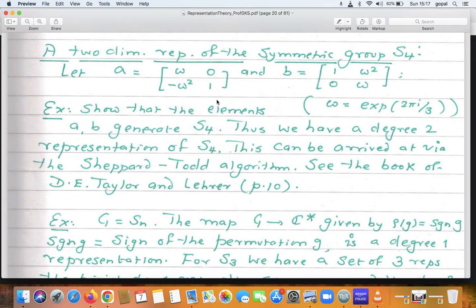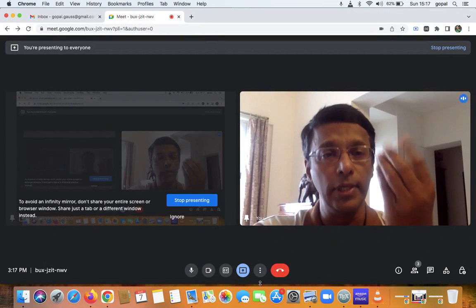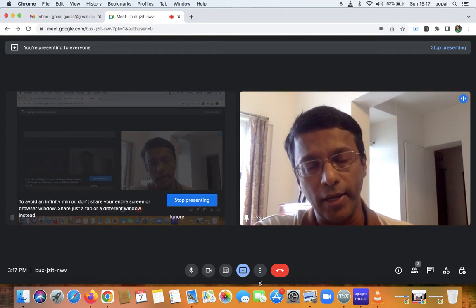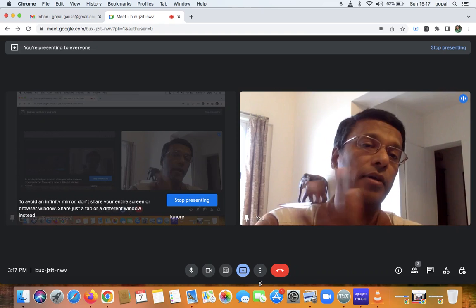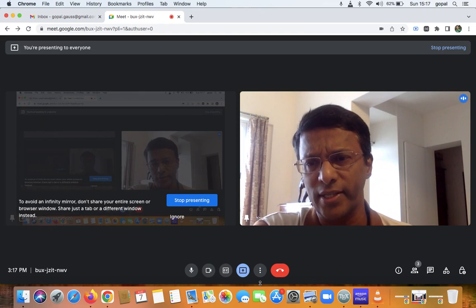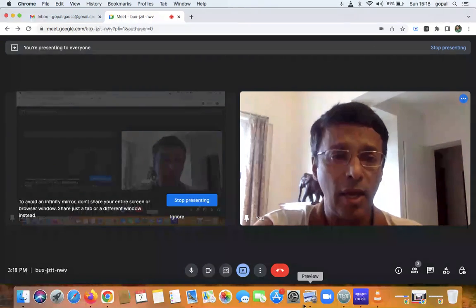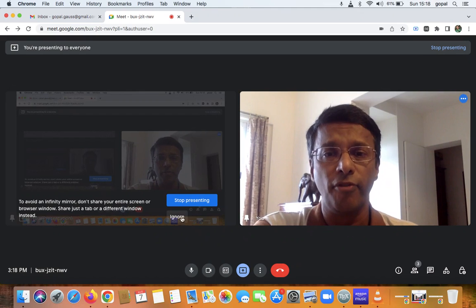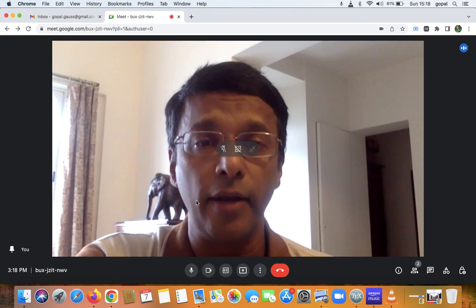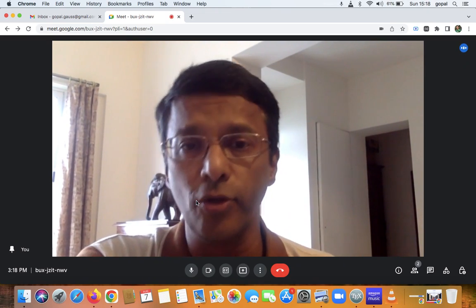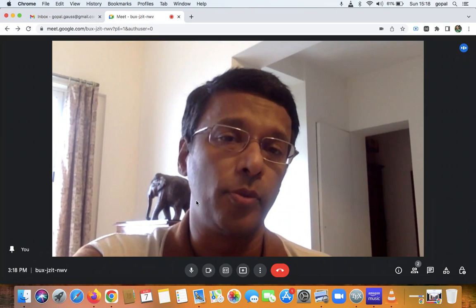I can keep multiplying a b, and so on. In short, I can create words in a and b, and these matrices have finite order, and I will generate 24 elements. That's an exercise, to generate 24 elements, and these 24 elements form a group, the symmetric group on 4 letters, a group of order 24.